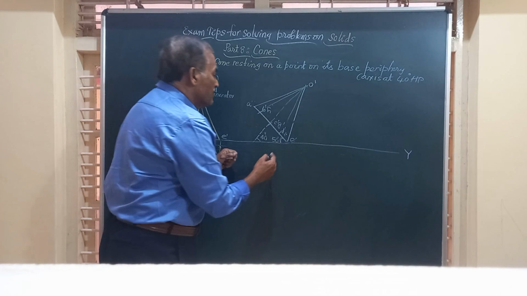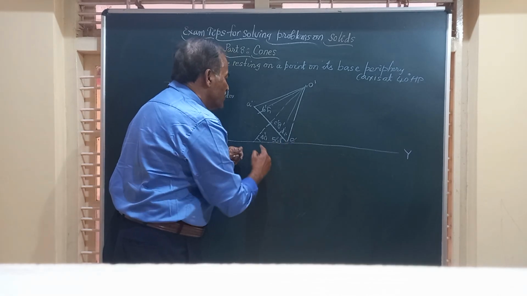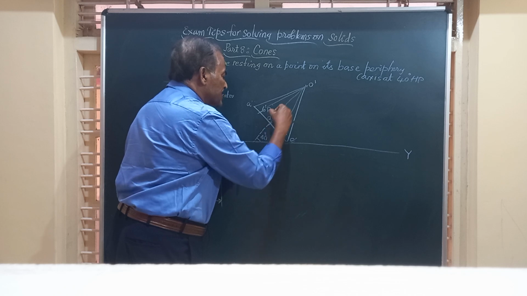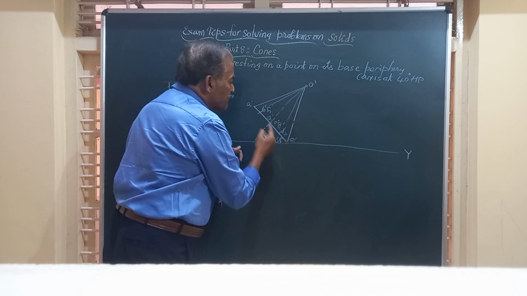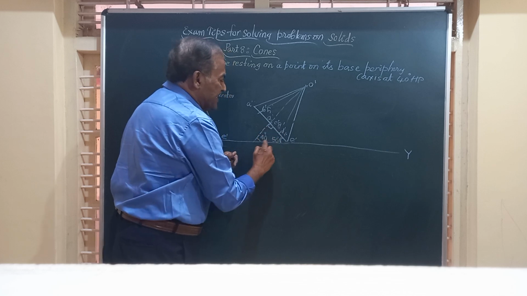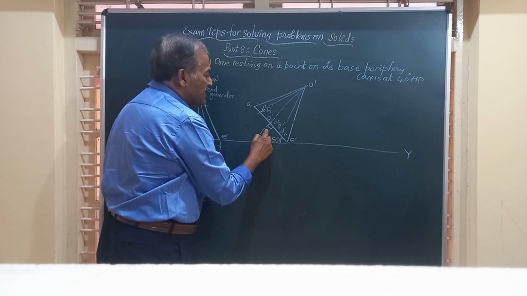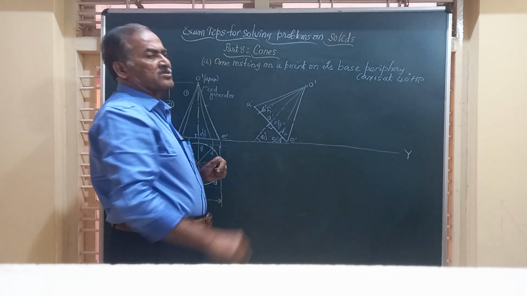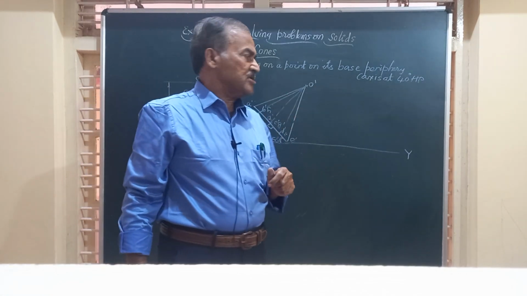It means the same. Just to confuse you, they will give you the inclination of the axis O dash O1 dash with HP, or the base of the solid with HP. If you add these two together, you get 90. 50 plus 40 is 90. And this is 90 here because the base and the axis are at right angles to each other.